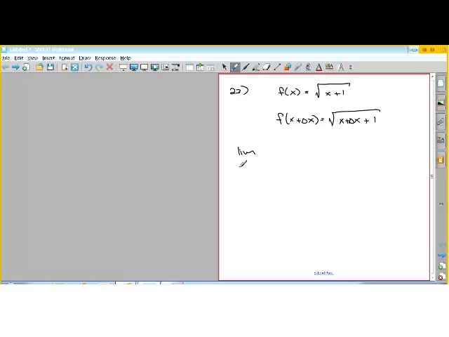So the limit definition for the derivative is equal to f of x plus delta x minus f of x, all divided by delta x. So because we have square root functions, we can use the rationalization thing.